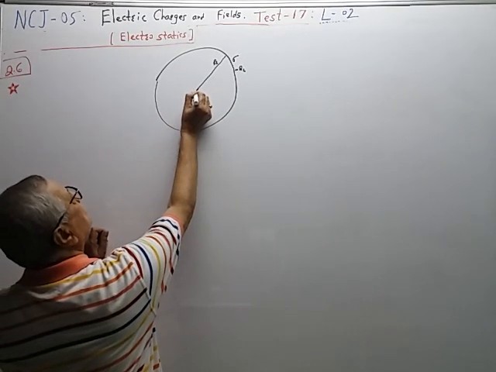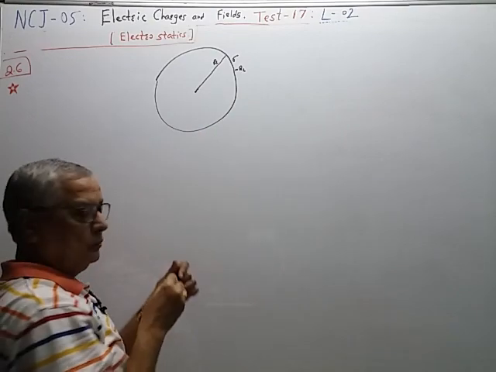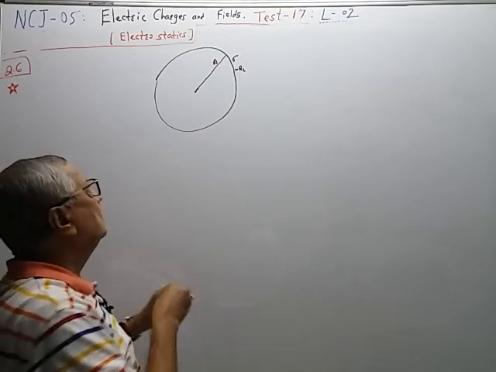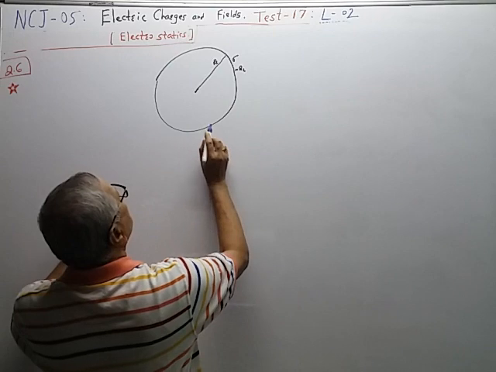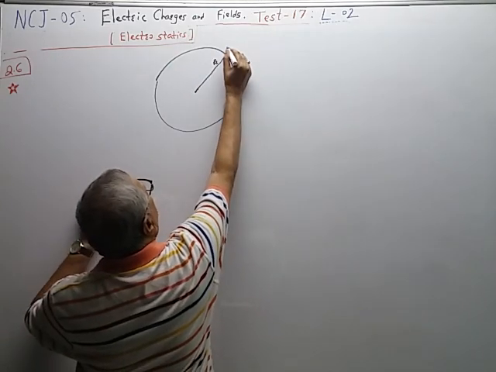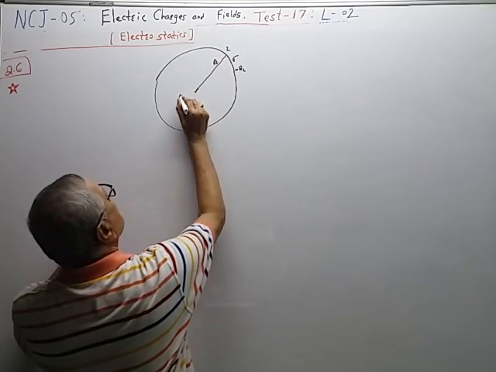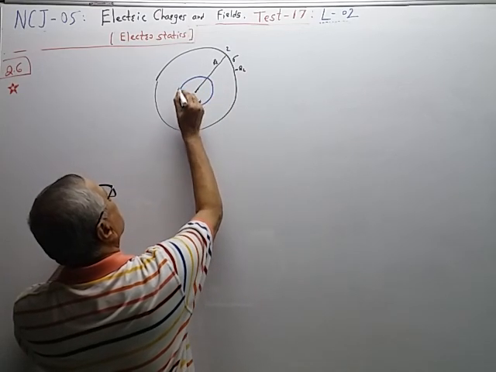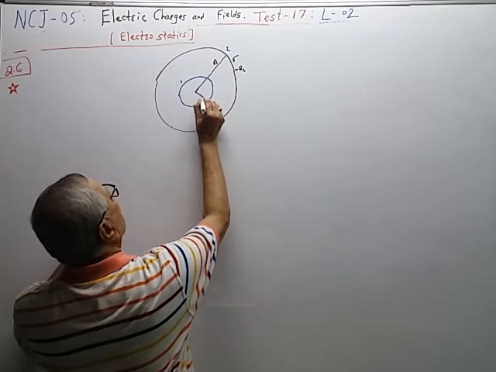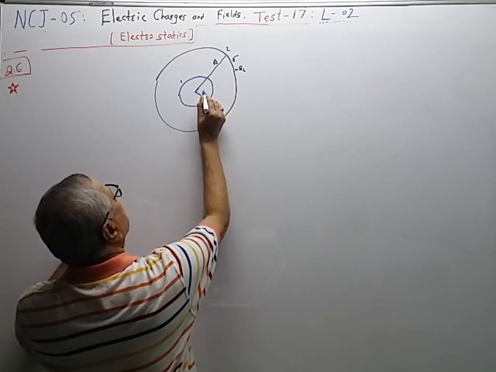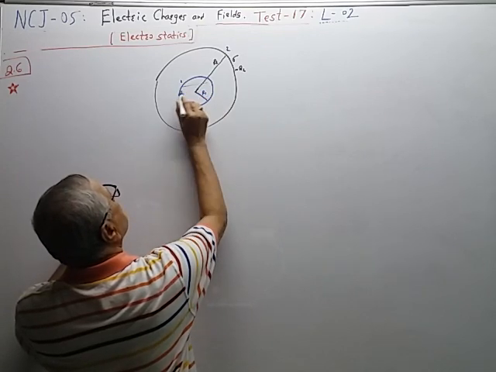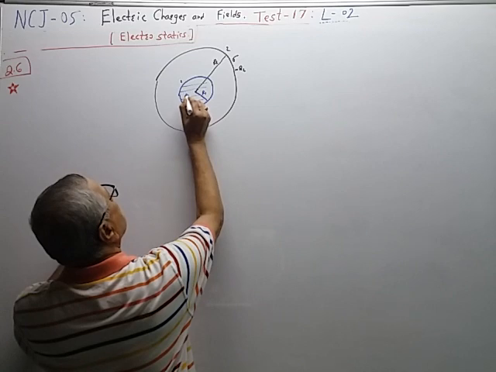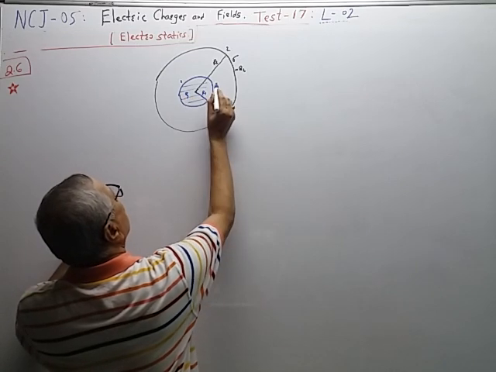Now there is this outer sphere number 2. This outer sphere encloses the inner sphere 1 whose radius is r1. This is a solid sphere. Its charge density is rho.